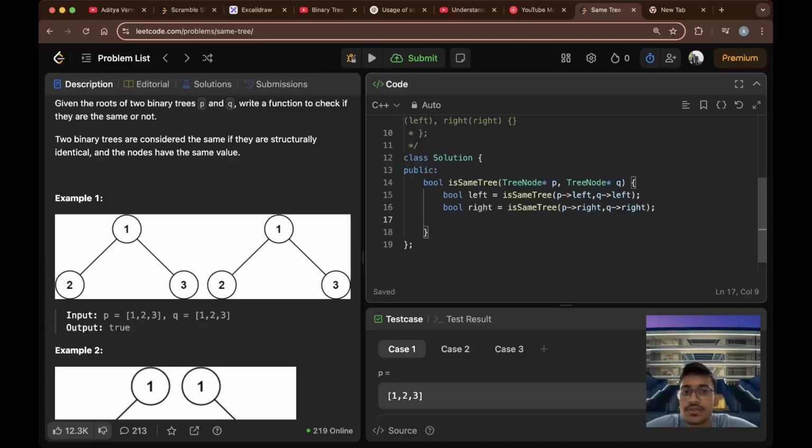This function will tell us whether both are right. Then we just have to return true if both are true, and also the root should be true.